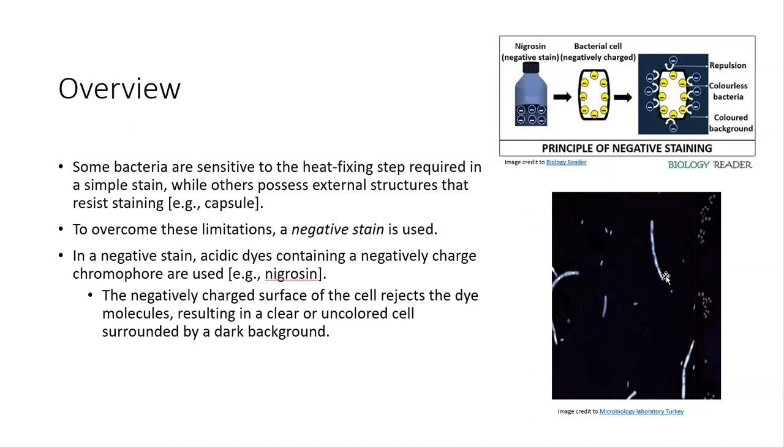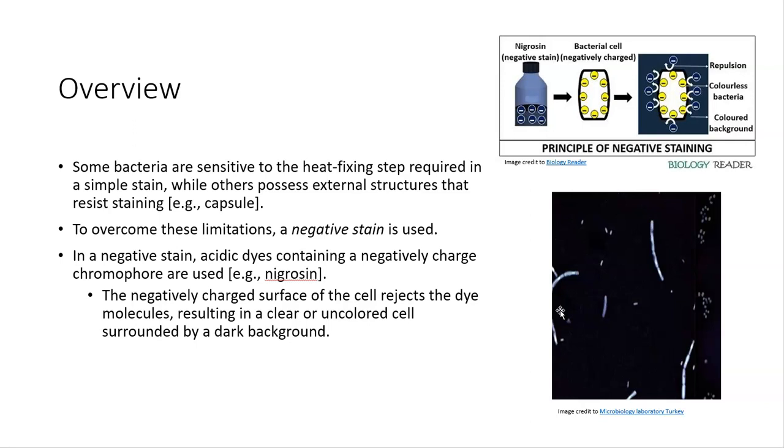In this example, an acidic dye called nigrosin was used, which has stained the background this black color, and the bacterial cells that were resistant to the stain because of the negative charge repulsion are clear against that dark background.